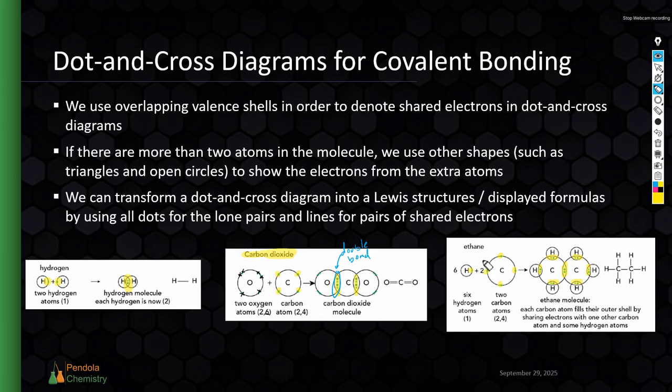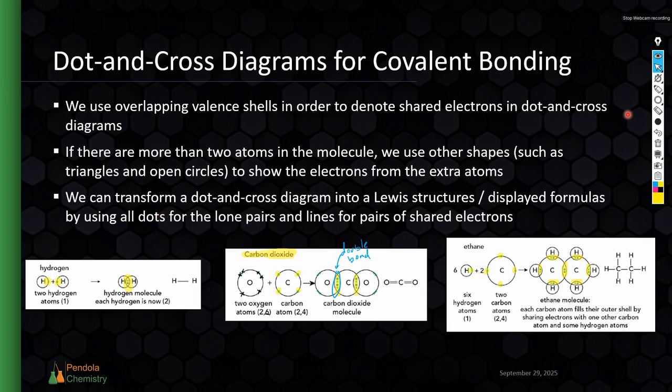All right. The last part here is to realize that we can actually transform these dot and cross diagrams to what we call Lewis structures, or displayed formulas, that we learned about last year. Instead of the dots and crosses for the bond, we can change those to lines for every pair of shared electrons and leave those outer electrons, or those unpaired electrons or lone pairs, as dots.